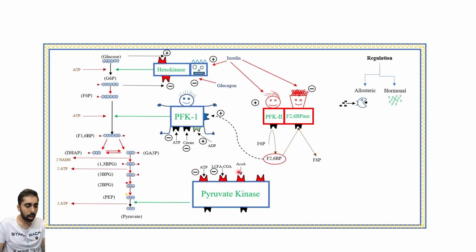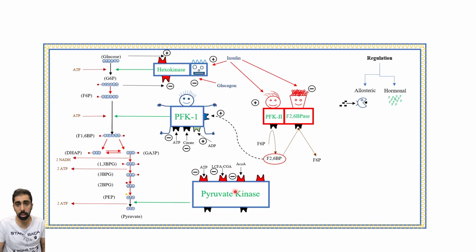We have another molecule called acetyl coenzyme A. As we said before, whenever our cells are in aerobic condition, pyruvate can turn into another molecule, which is acetyl-CoA. So acetyl-CoA comes after pyruvate kinase, and when we have a lot of acetyl coenzyme A in our cells, we don't want to produce more because we are already in aerobic condition.